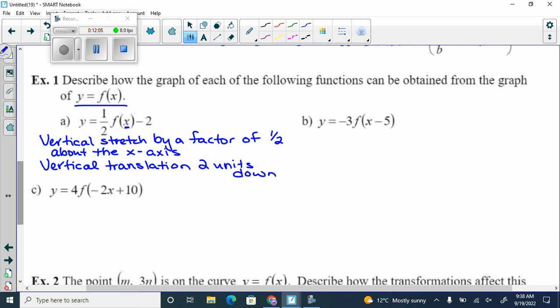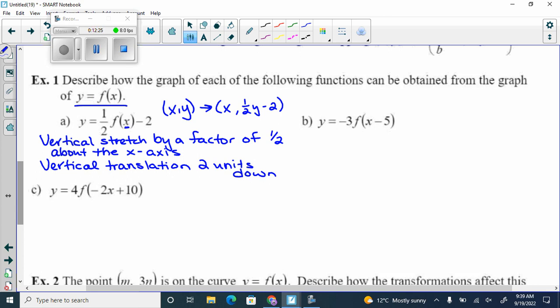Nothing's happening to my x, so in my mapping, x, y, at the very least I know it's going to be x, comma, and then these are going to affect my y's. Because remember, unless it's in the brackets with the x, it affects the y's. So we have 1/2 and we have 2 down, so it's going to be 1/2 y minus 2, because mapping and words are the same thing.